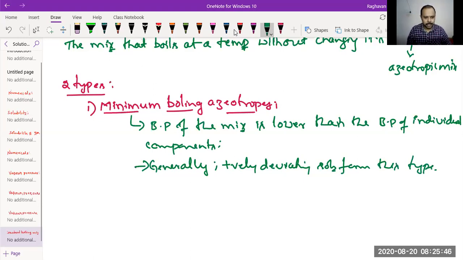So the example I had given is 95.5% alcohol, ethanol particularly, and 4.5% water.